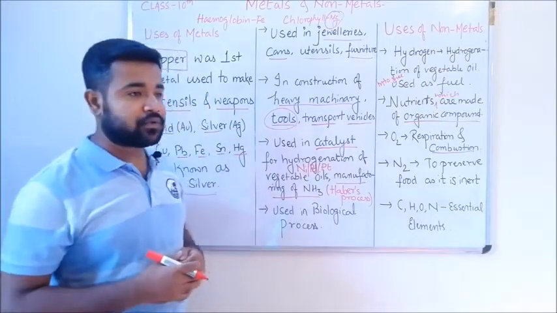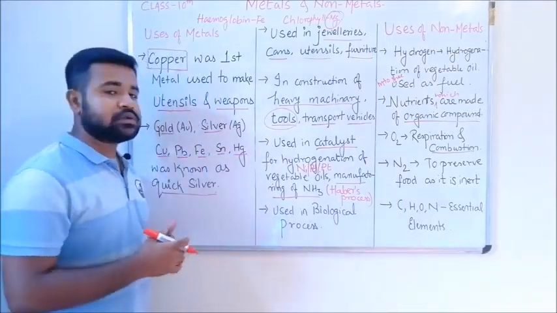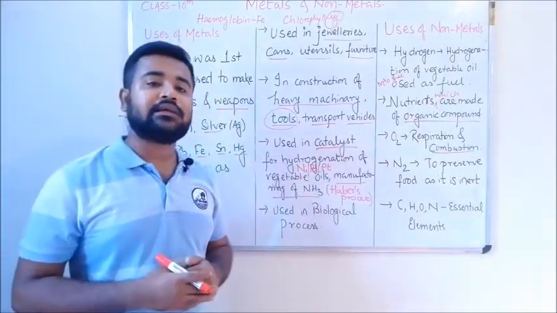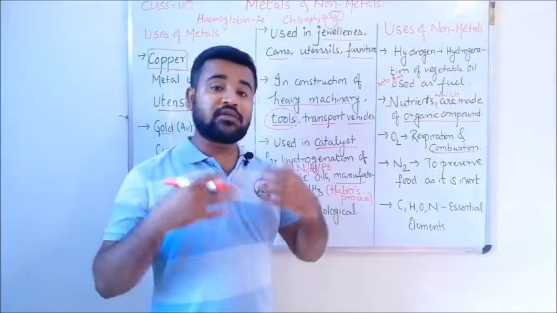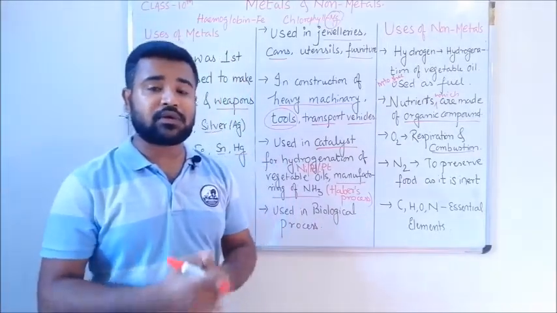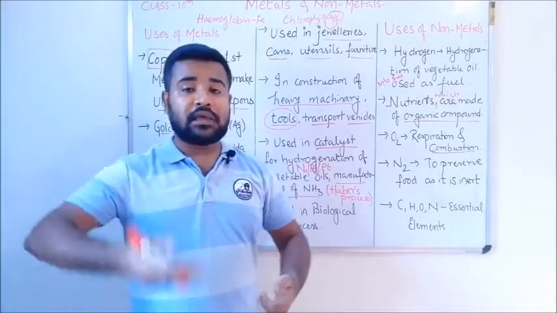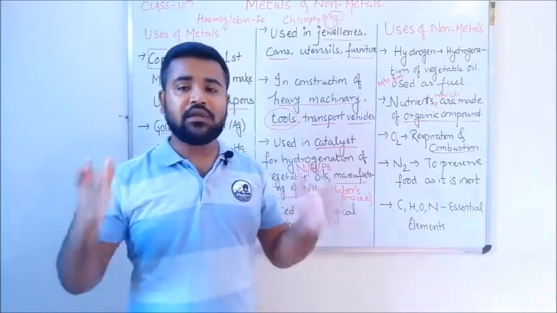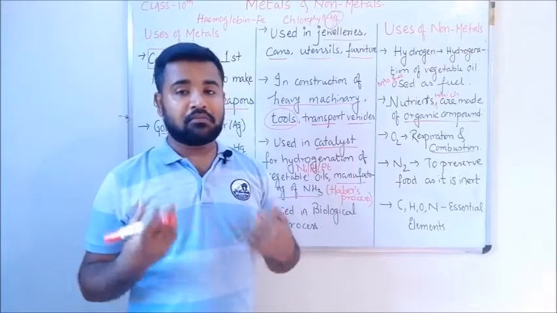For example, all the fuels burn in presence of oxygen to generate heat and light energy. And this combustion is an essential process. Why is it essential? Because due to combustion the energy is produced, and without energy nothing can work.